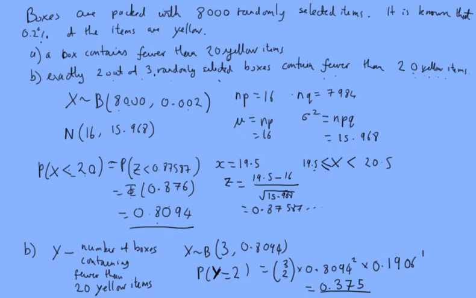Let's do one more. A fair coin is tossed 800 times.